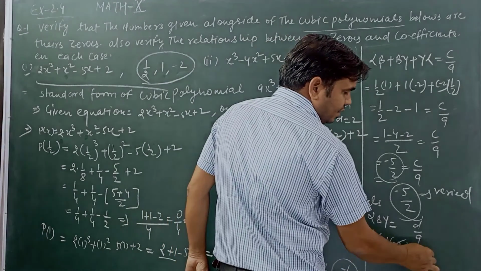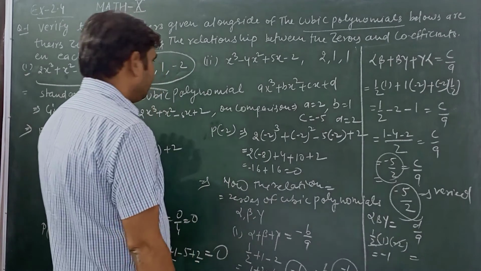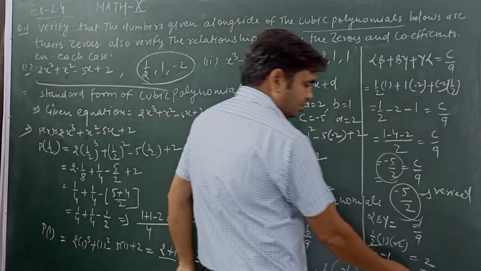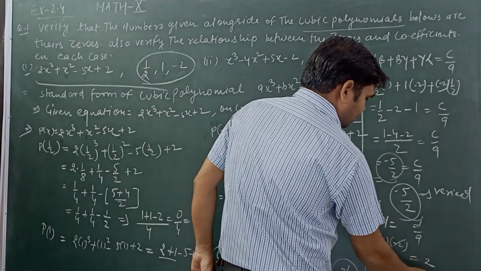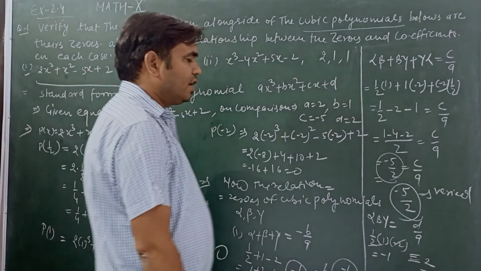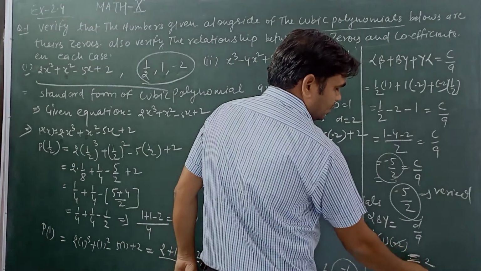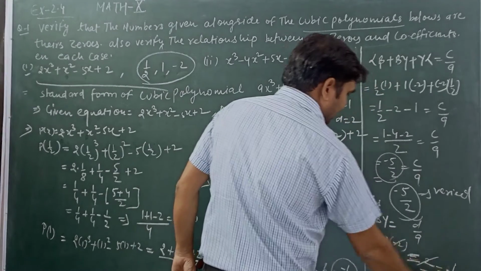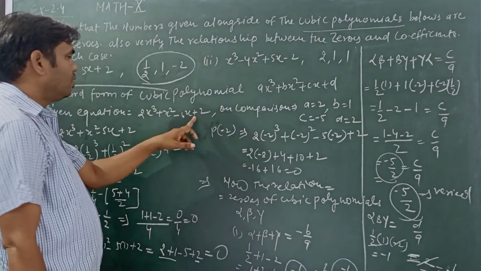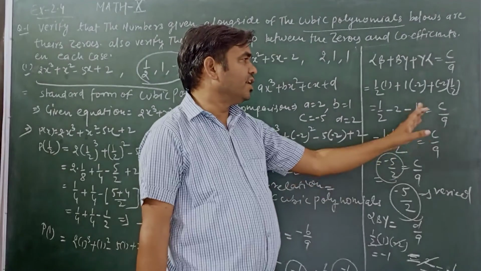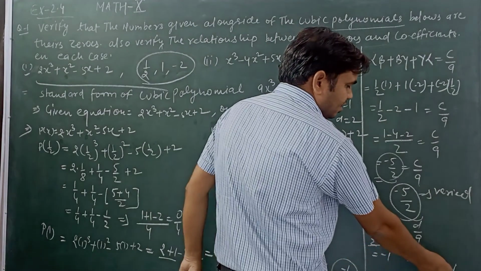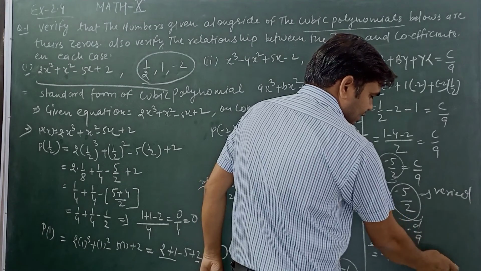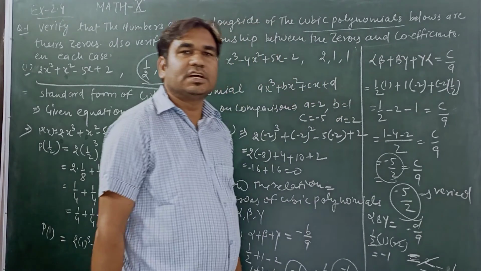The value of d is 2 and the value of a is also 2, so d over a is 2 over 2, which is 1. Since minus d over a is minus 1, this is also satisfied.